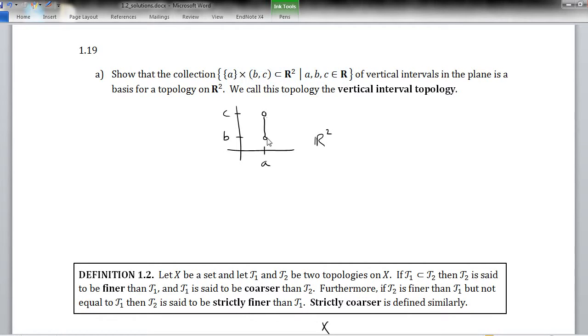And so it would look something just like this. You see why it's called a vertical interval. So we want to prove that this collection forms a basis for a topology. And to do that, we need to check the two properties of a basis.